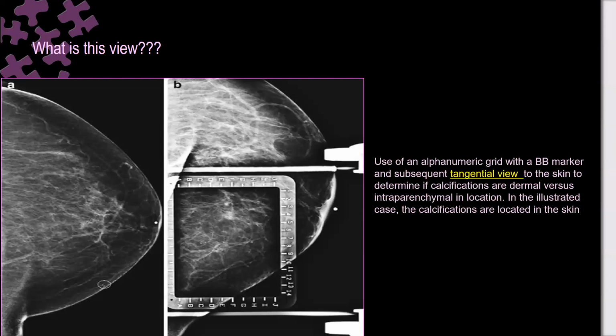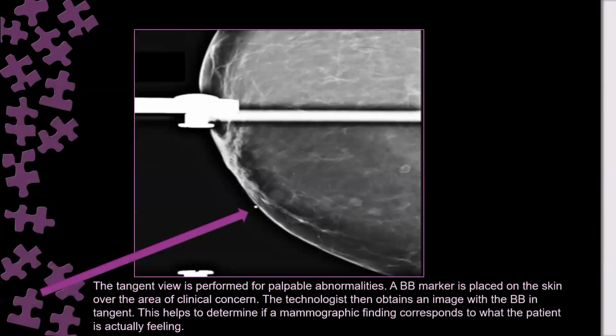You see, alphanumeric grid, they call it alphanumeric grid, and you can use BB and do tangential to make sure. Look here in the first case, the patient having palpable abnormality. And here you are sure that the palpable abnormality is corresponding to the marker here.